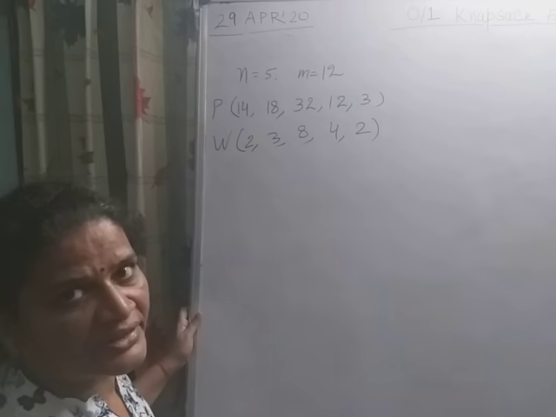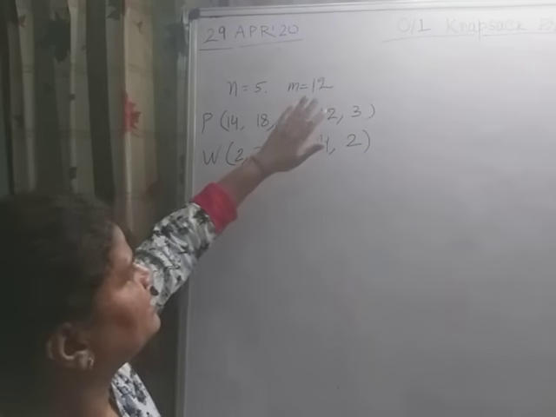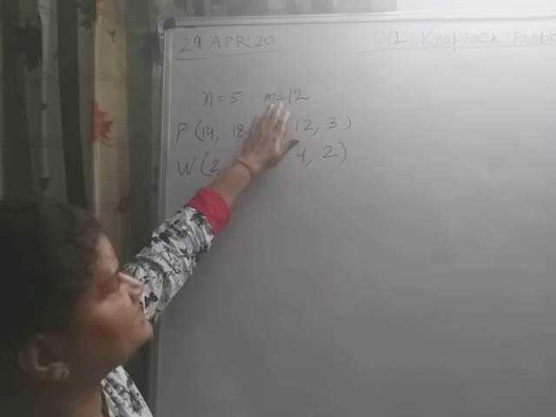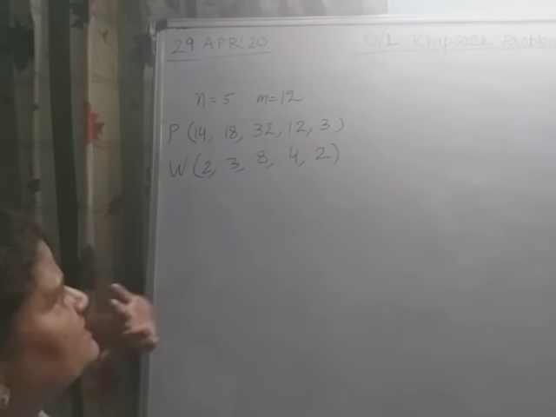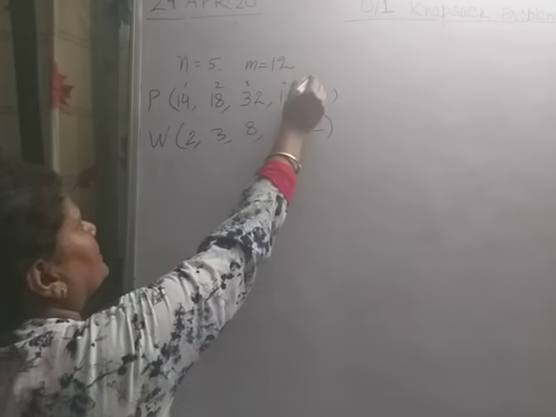Okay. So here m is 12, not 3. The knapsack capacity is 12 and the number of objects is 5: 1, 2, 3, 4, 5.